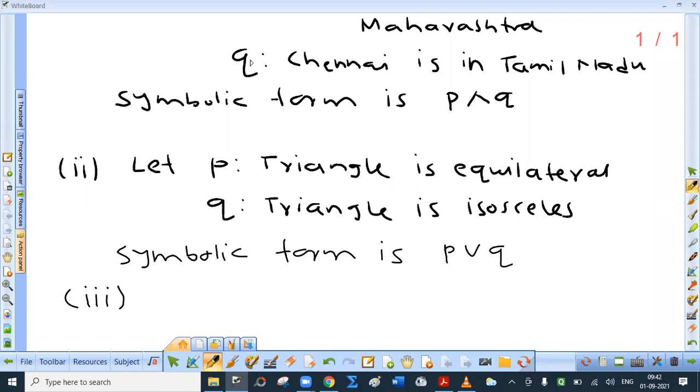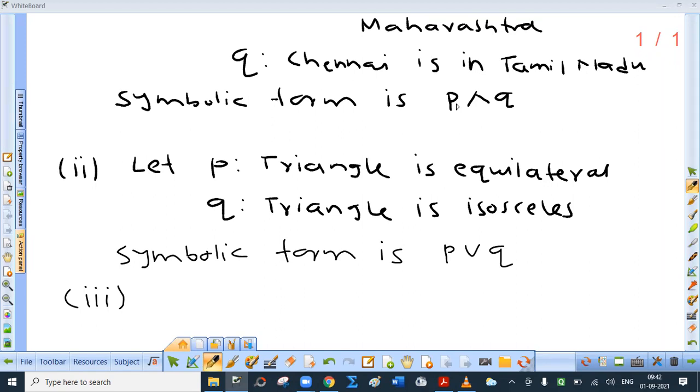Third one: the angle is right angle if and only if it is of measure 90 degree. Okay, write down. Let P stand for the angle is right angle. Q: it is of measure 90 degree.